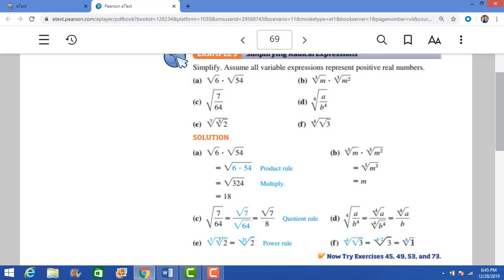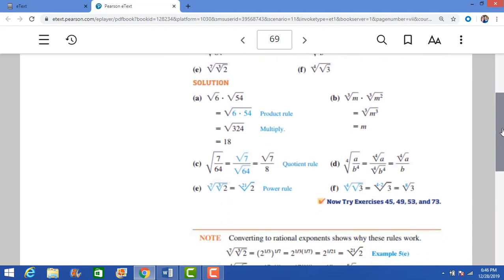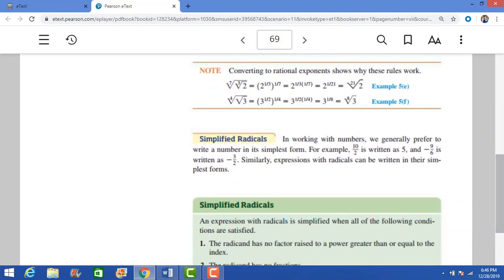And we're done. So again, here are some exercises you could do to practice. Again, all we're doing is applying these properties that we've introduced. Note, converting to radical exponents shows why these rules work. Again, these are directly a result of what we did using rational exponents.